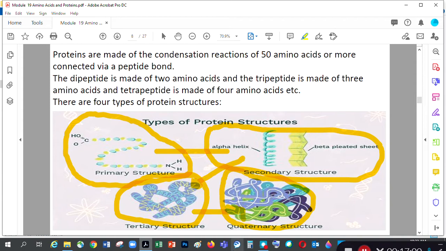So this goes to this, and this goes to this, and this goes to this. So you will see the basic unit is the primary. Then with the arrangement in space, you can make secondary. And this secondary is made of alpha helix and beta sheets. This can interact with all the intermolecular forces among themselves to make tertiary. A tertiary can again rearrange itself in a very complex manner and produce 4 different chains.